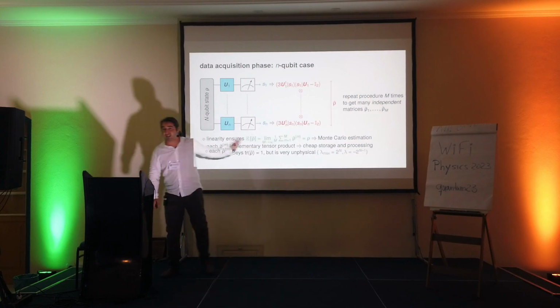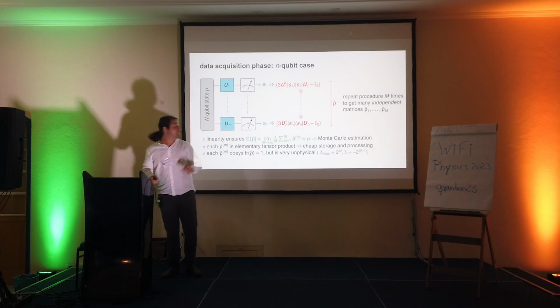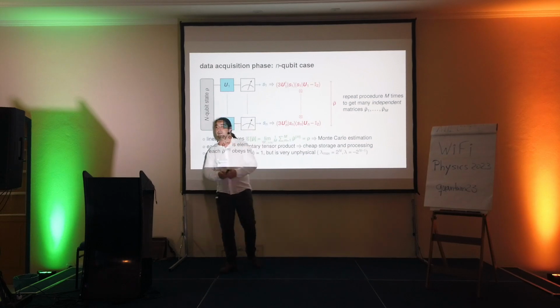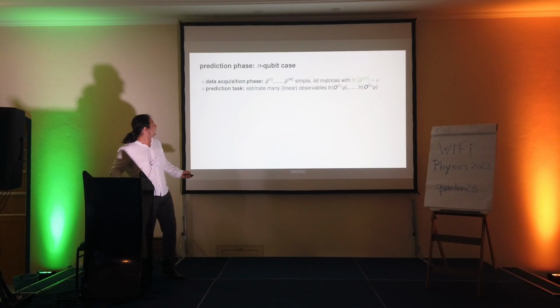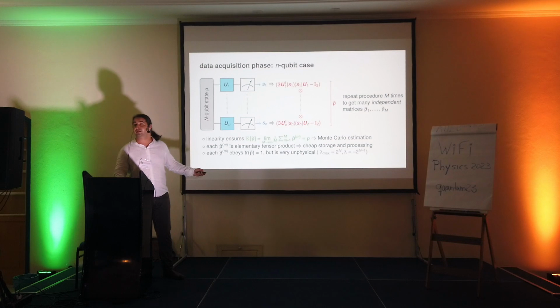So these are really grossly unphysical objects, but they have a very, very good tensor product structure, and they approximate any physical object if I take enough Monte Carlo samples. So this is how we generate data in randomized measurements.